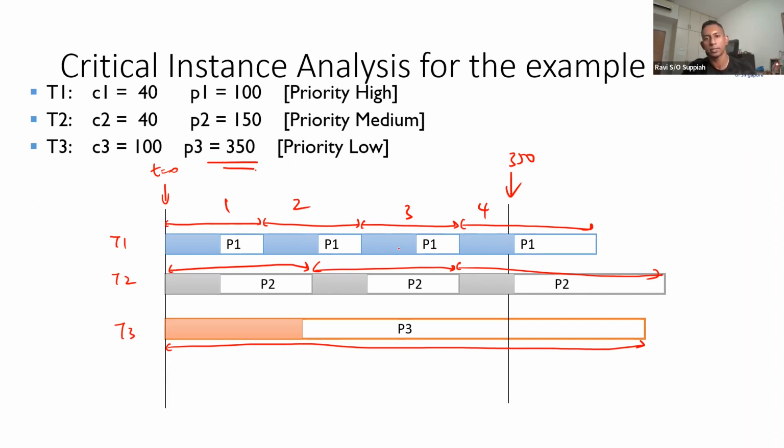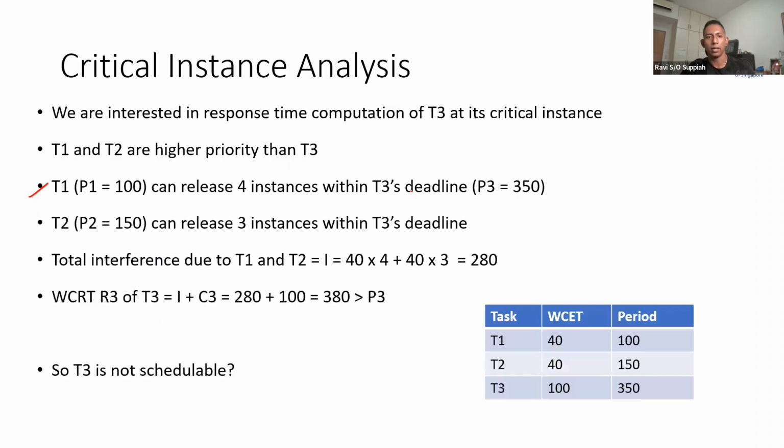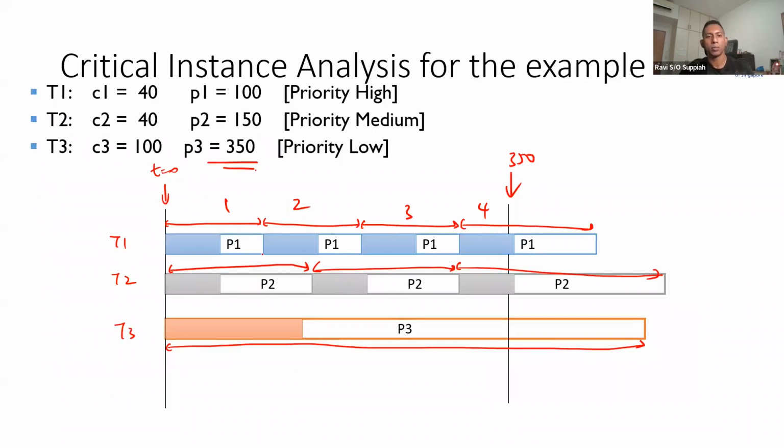When I say 4 instances, it means it requires that amount of time. So task 1 requires this amount of time to complete all its activities. How about task 2? Task 2 has the first, second, and third instance released.